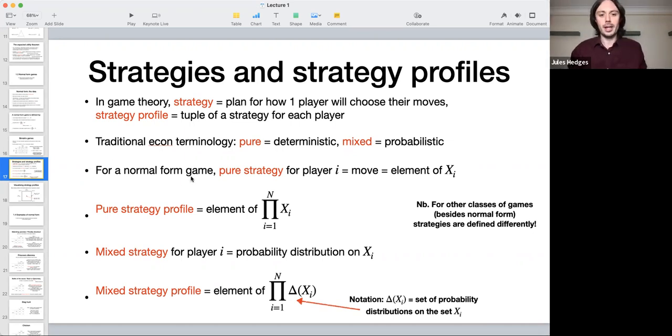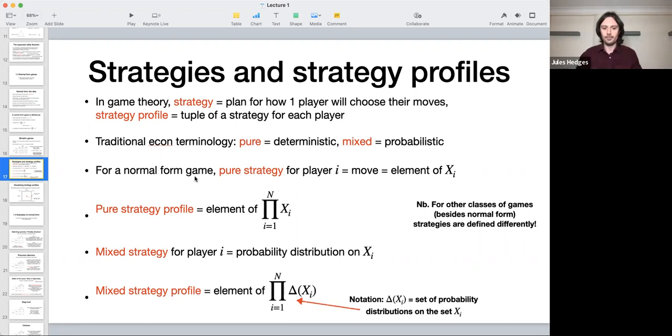And for a normal form game, choices are simultaneous, which means that players have absolutely no extra information available while they're choosing their move. So what that means is that for a normal form game, a pure strategy is the same thing as a move. So a plan for how to choose a move, if you're not allowed to do randomness, is just a fixed move.